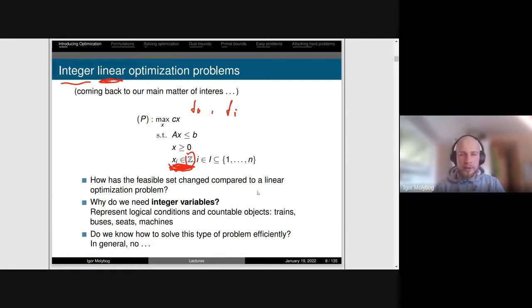However, throughout the course, we will be paying special attention to the cases when we still have a way of solving the problem efficiently, and these problems are especially important in industry and applications.